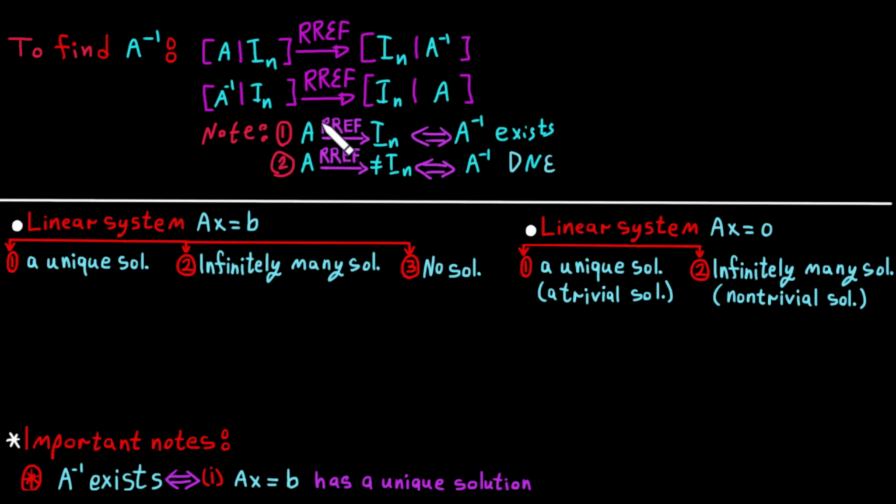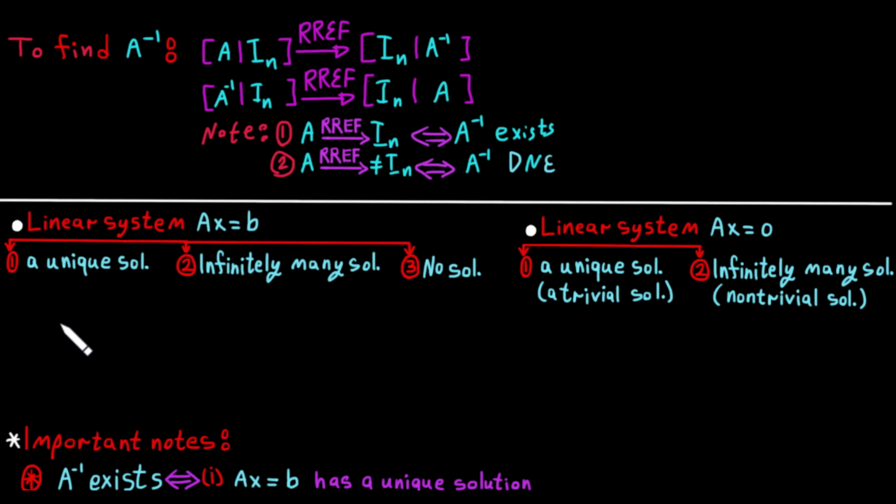Of course, going back, if A inverse exists, then A can transform to the identity. As we know from the types of solutions, a unique solution can transform to the identity.